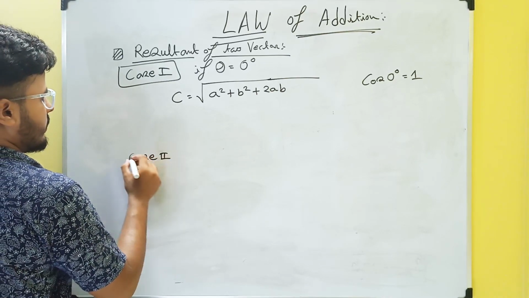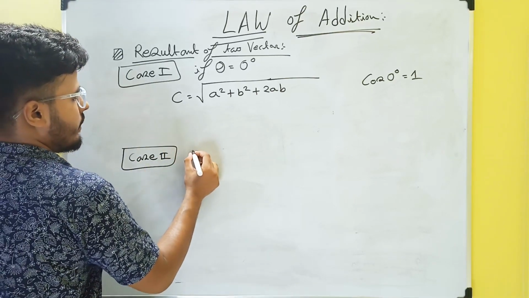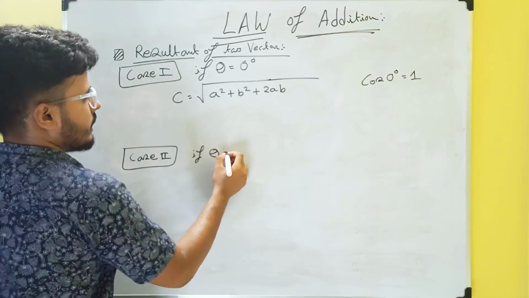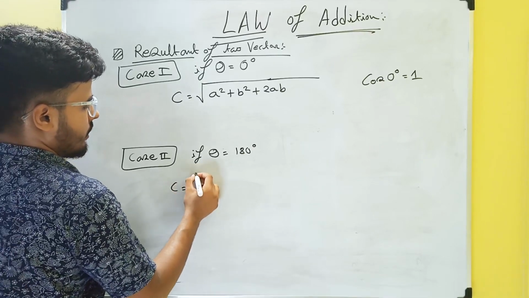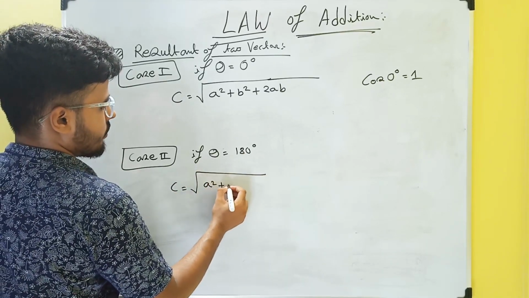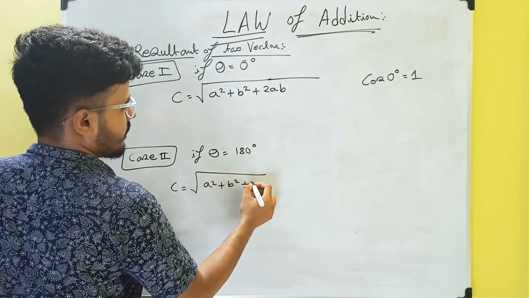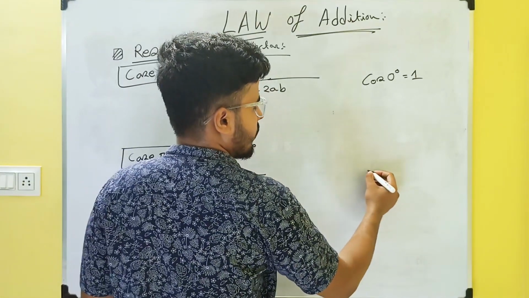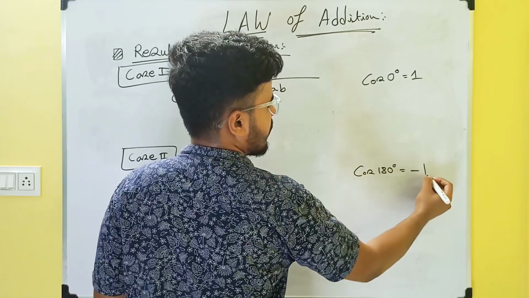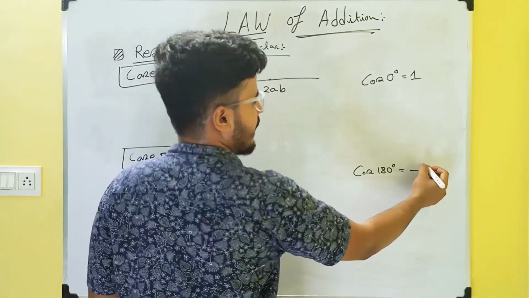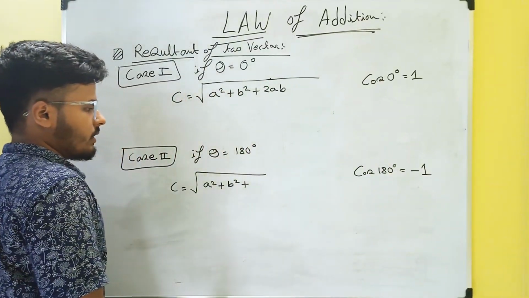Let's take another case. If theta is 180 degree, then what will happen? A square plus b square plus, now what is the cos 180 degrees value? That is minus 1.